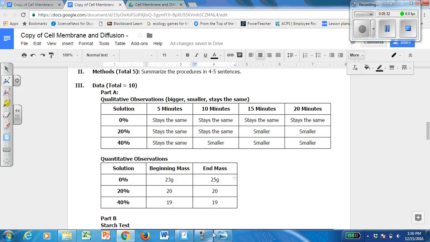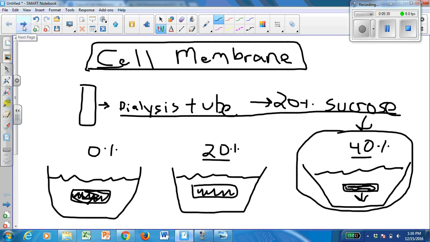Part B was a little more complicated. Part B, I'm going to go on to a next page.